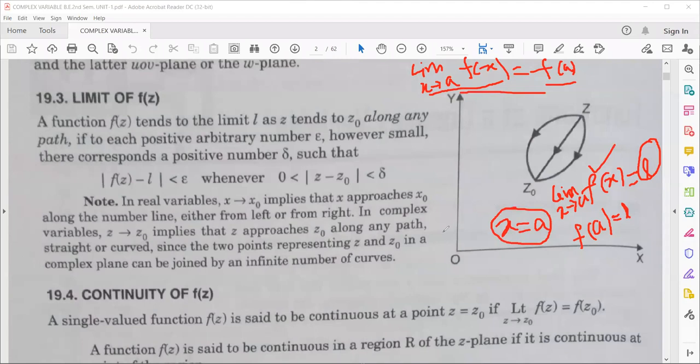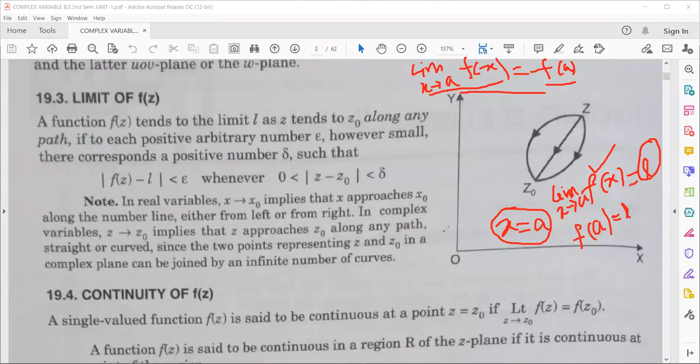Otherwise not. If the limiting value is not equal to the functional value, then you can't say that the function is continuous at x equal to a. In that case, the function is discontinuous at the point x is equal to a. Is that clear? So this is the continuity part.